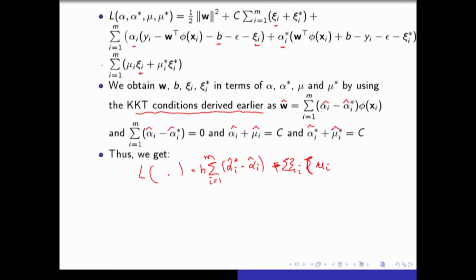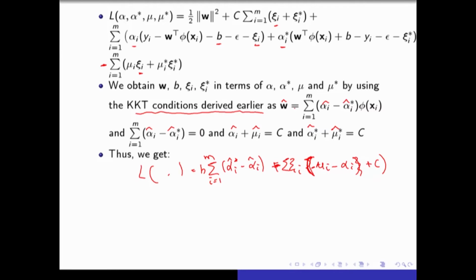I guess there's a minus missing here, so you'll have minus of mu i minus of alpha i. There's also an additional term involving C. So this is xi i times minus mu i minus alpha i plus C. But we know that alpha i plus mu i equals C along the KKT set. So again, the terms involving xi i's should vanish, and the terms involving xi i star should vanish.